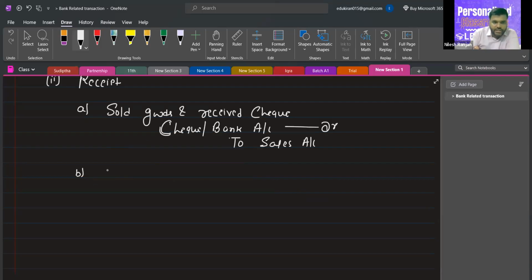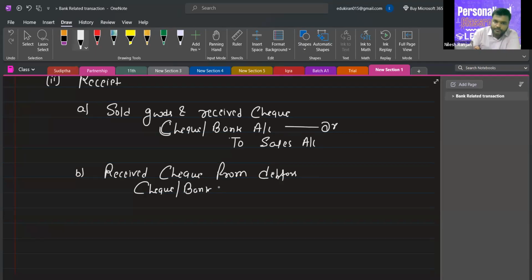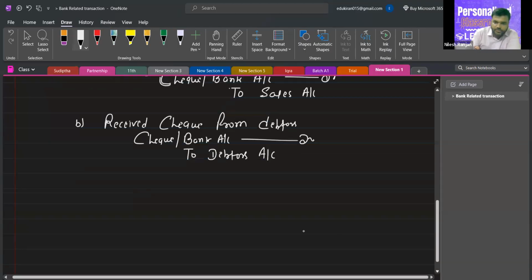Sold goods and received check. Received check from debtors. So the entry will be check or bank account debit to debtors. The name of debtors will generally be given in the question, so you have to write the name of debtors.